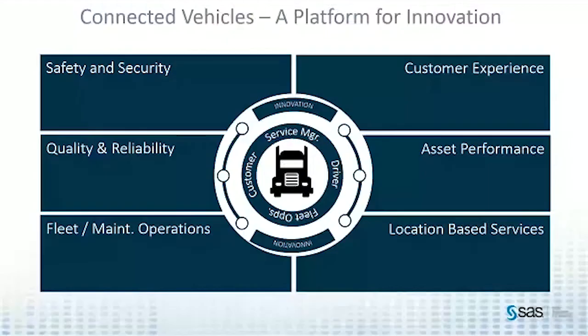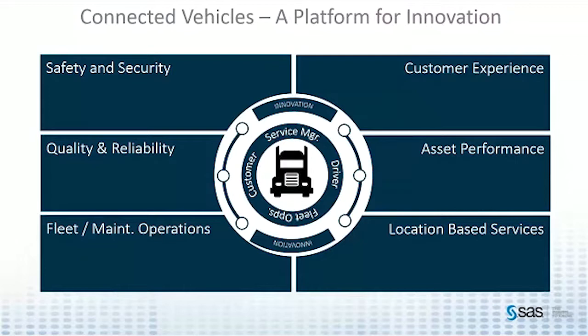IoT really brings a wealth of different areas that we can now take a look at with fleets and connected vehicles within those fleets. And these can cover such areas as safety and security, quality, reliability, customer experience, fleet maintenance, operations, location-based services, and the use case I'll be covering, asset performance.